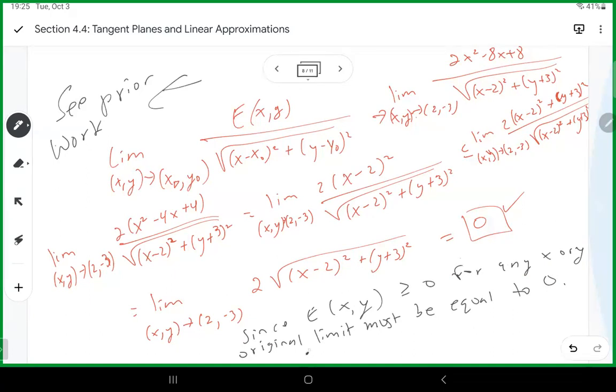Therefore, f of xy equal to 2x squared minus 4y is differentiable, spell it the right way, at point 2, -3. Oh, thank goodness. So very close to being done.